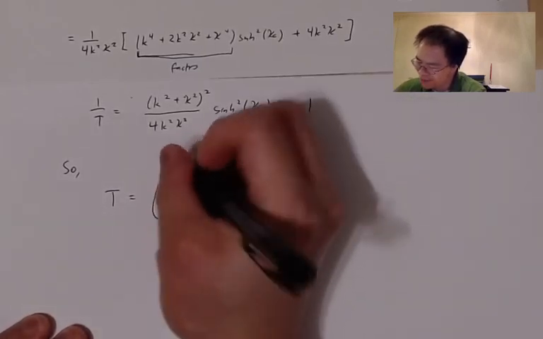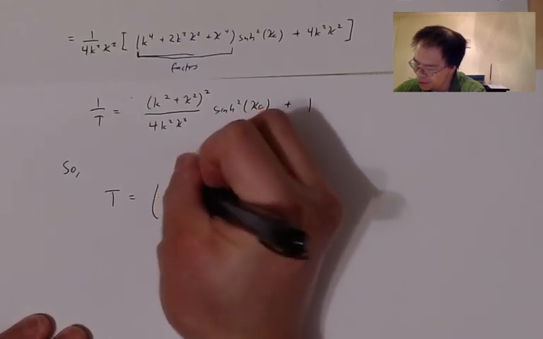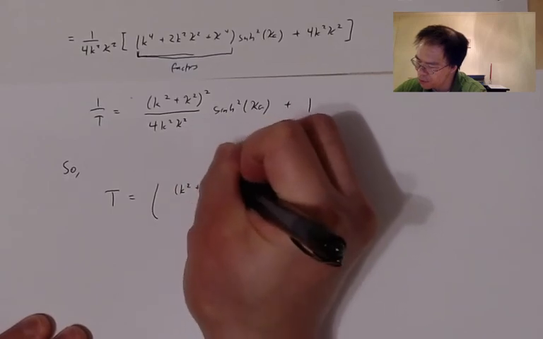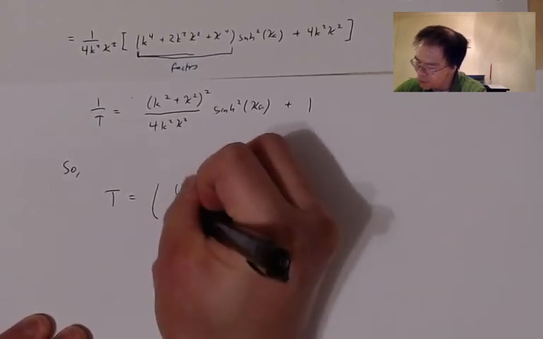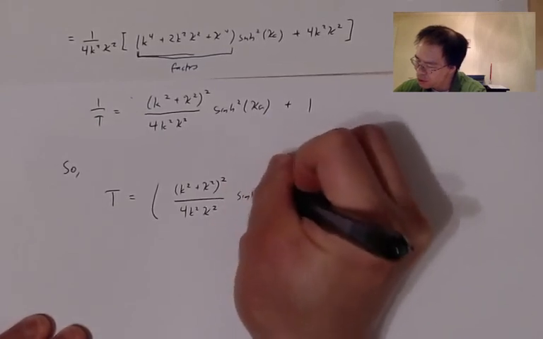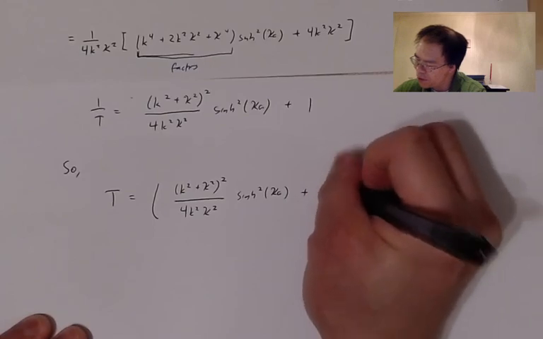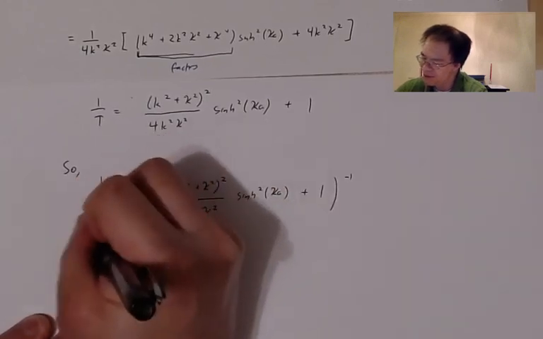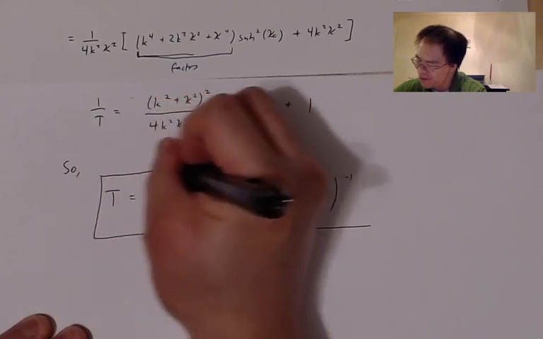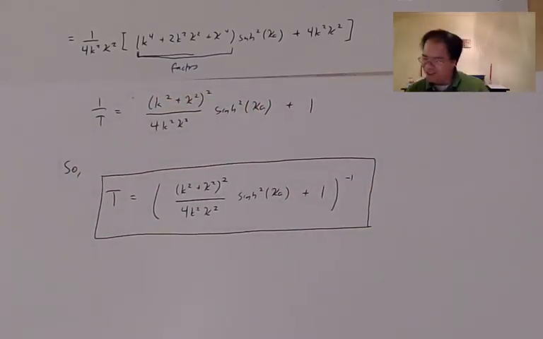We get (k² + κ²) over 4k²κ² sinh² κa plus 1, the whole thing to the minus 1, and we're finally done. All right, thanks for watching.